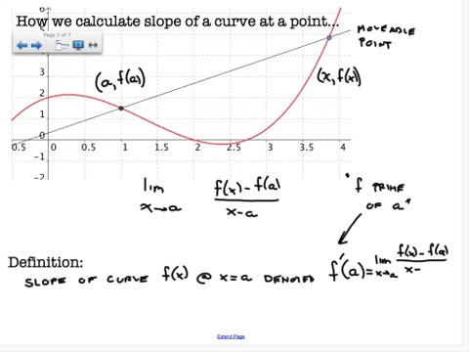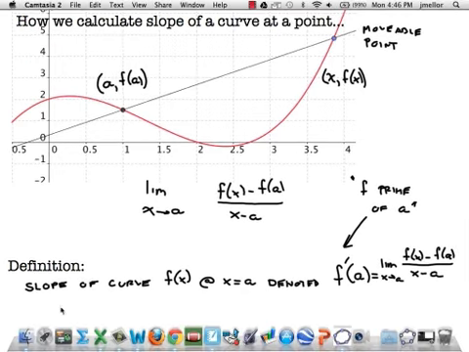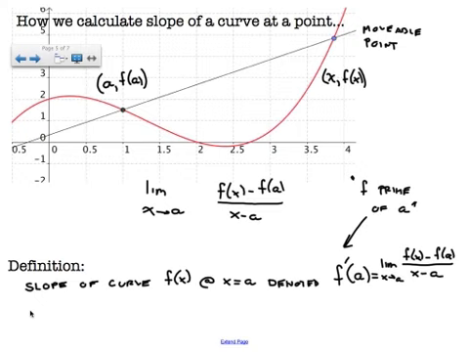So f prime of a stands for the slope of the curve f at a. Just as the slope of a secant line had an interpretation, the slope of this curve is going to have an interpretation as well.